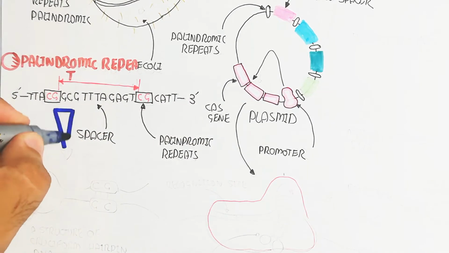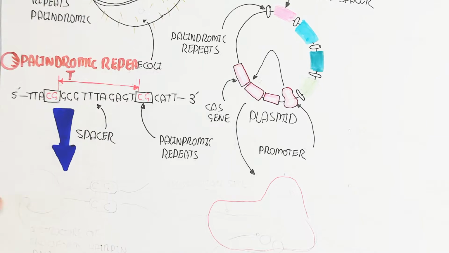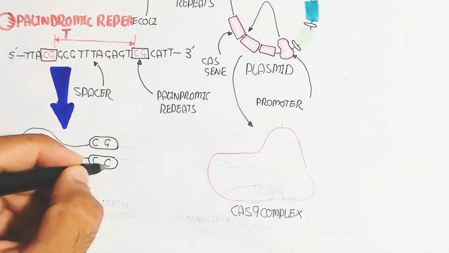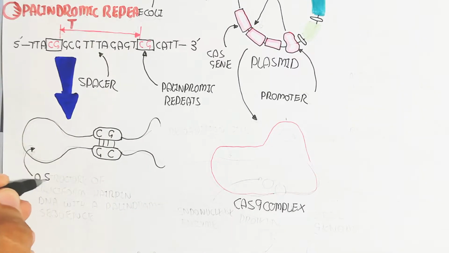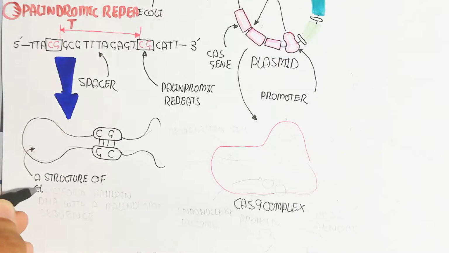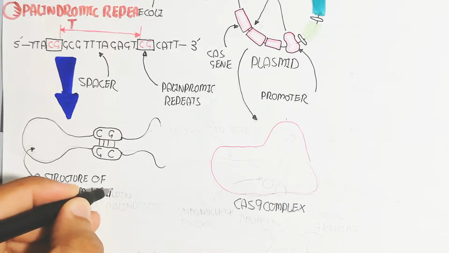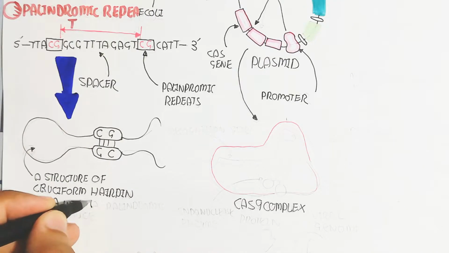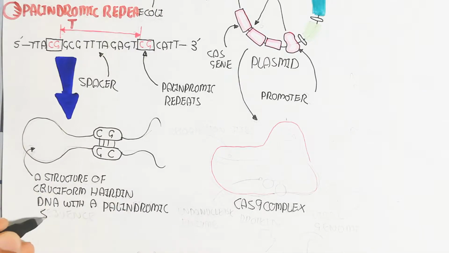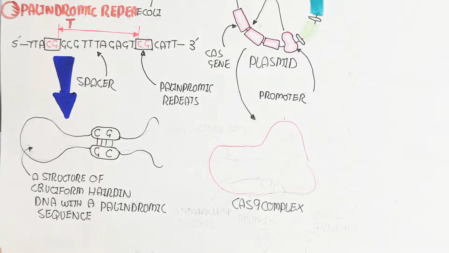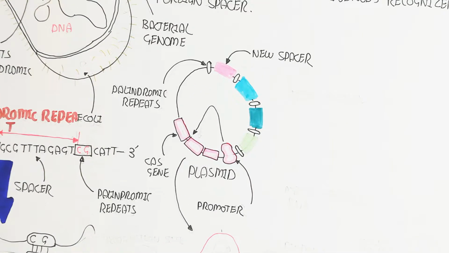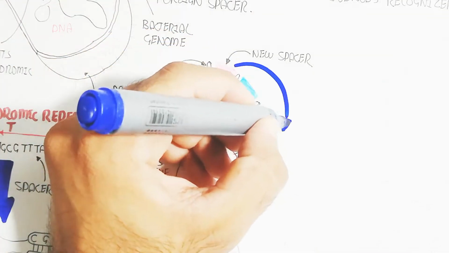This spacer can come from the bacteriophage DNA when bound through a ligase enzyme. So remember, this is basically the structure of a cruciform hairpin DNA with a palindromic sequence.